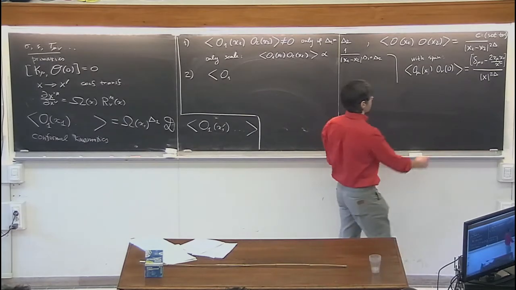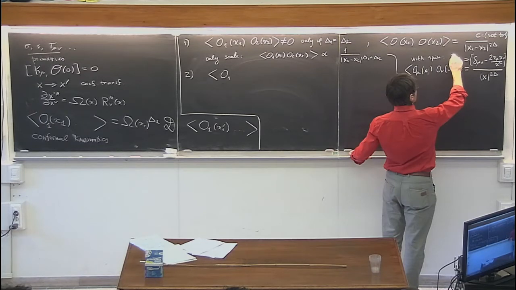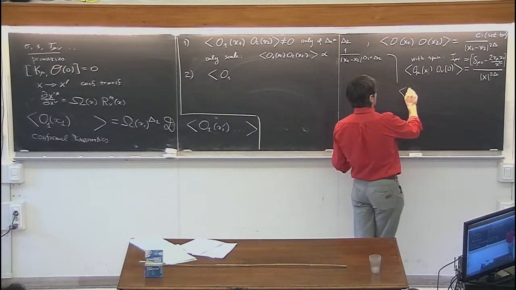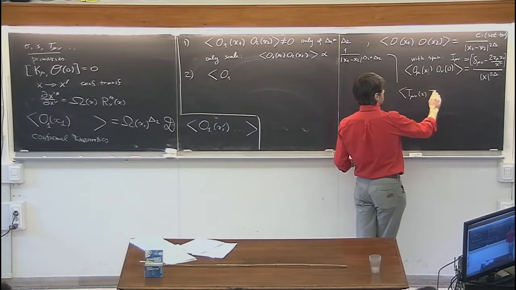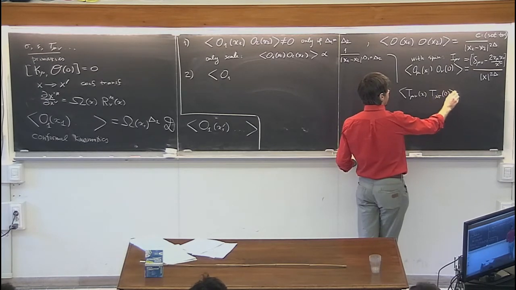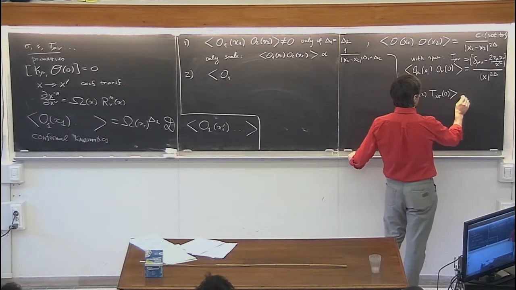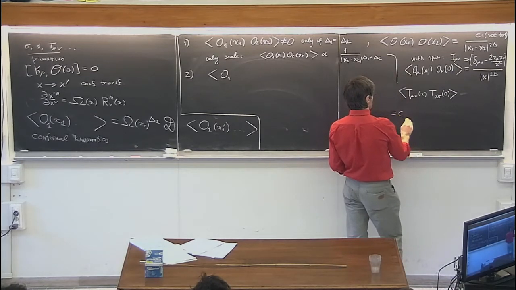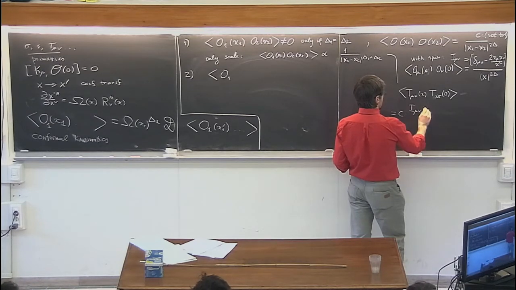So, for example, let me write down. Let's call this object I mu nu. Then, for example, if I have a correlation function of two stress tensors, T mu nu of x, T lambda sigma of 0, then this is going to be equal to some constant times I mu lambda I nu sigma.